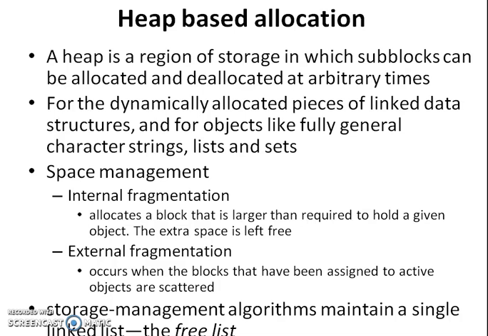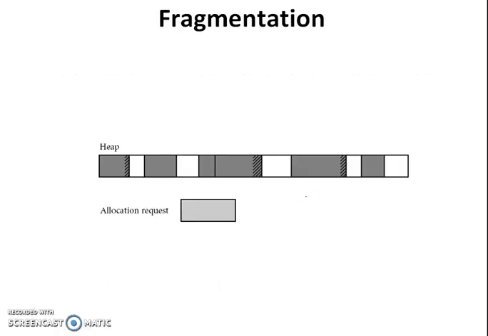Some block needs to be loaded to the memory, but there won't be enough space to load that block. This example you can see. This is the block to be loaded to the memory. This is the allocated space.